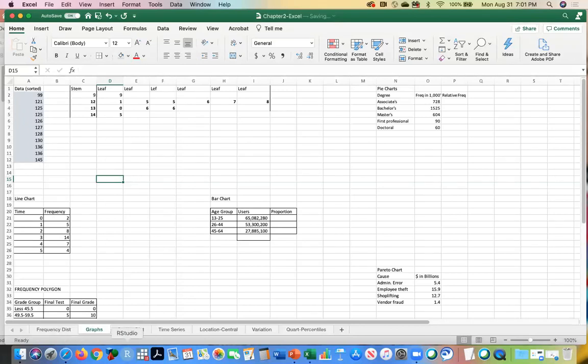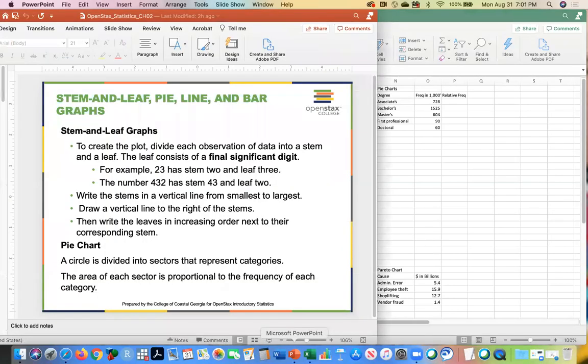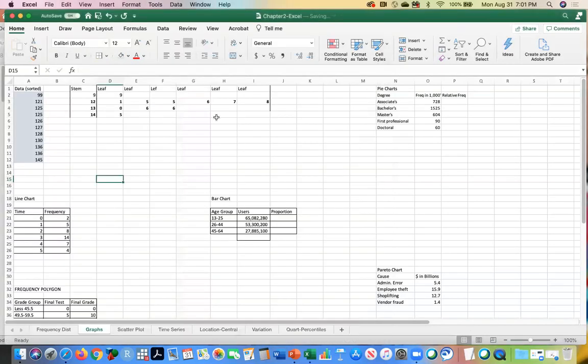So the stem and leaf are interesting graphs. We don't use them too often, but it's good to know how to create them. They basically have the same idea as the histogram, but instead of facing up, it is facing sideways.